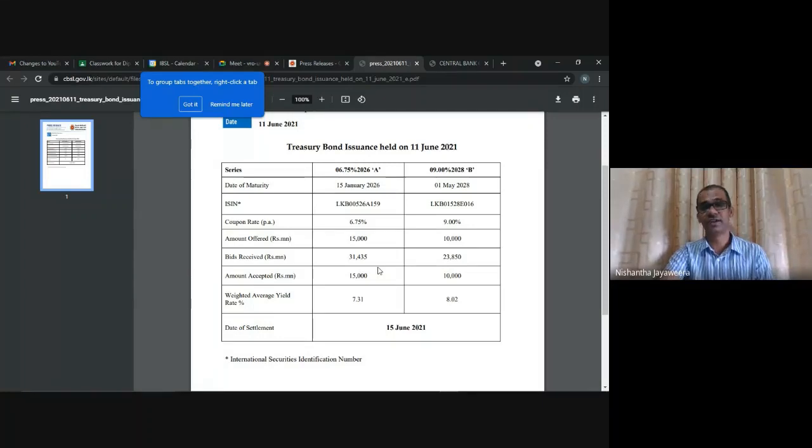But if you fail at the bond auction, you don't have any other opportunity to invest your cash. You earn only the SDF rate.